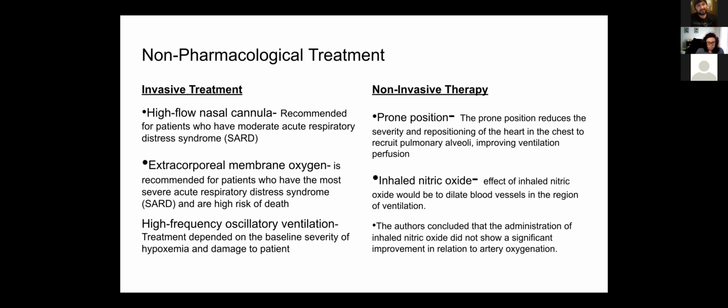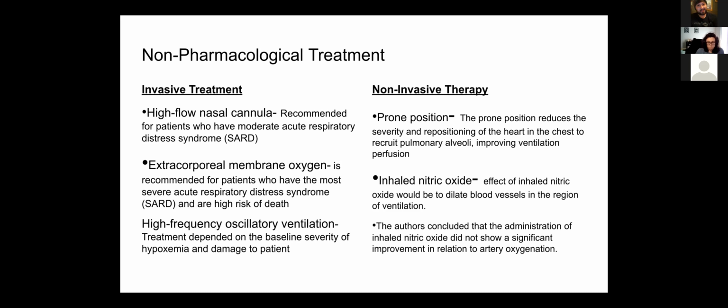And there's also extracorporeal membrane oxygenation. It is basically a way to replace cardiopulmonary support.